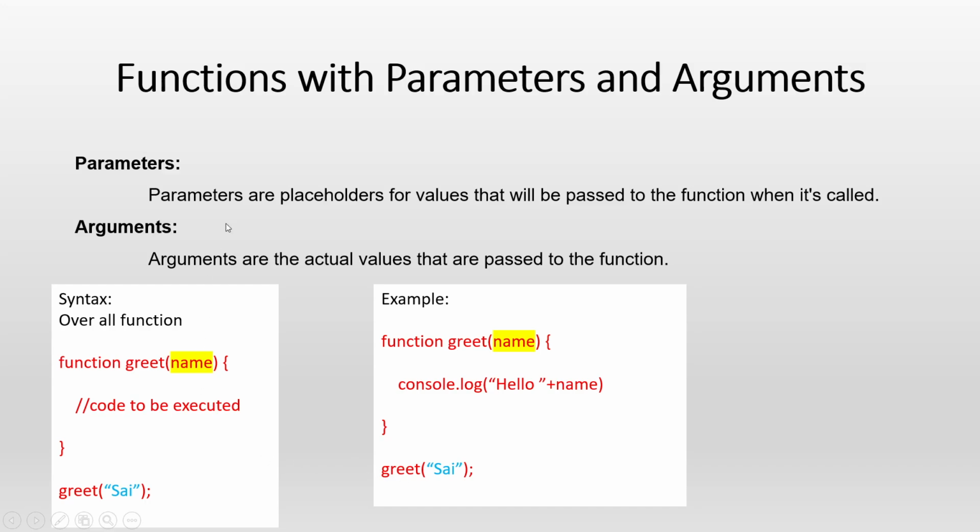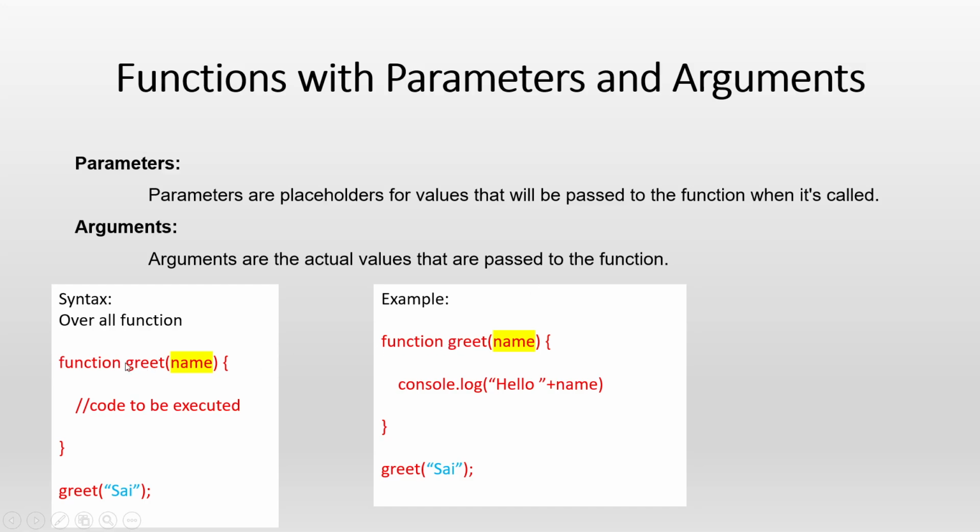So parameters are placeholders for values. Whenever we pass this value, this name becomes this value. That is the purpose of parameters. In the argument we are going to pass the actual value. So arguments are the actual values that are passed to the function to do some kind of operation.